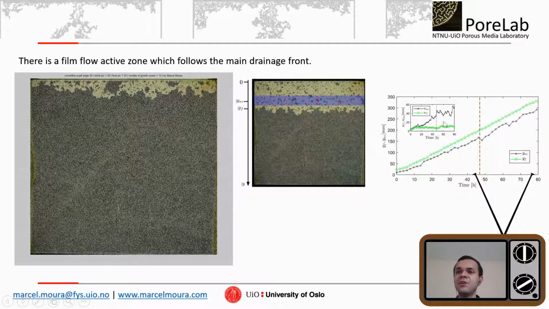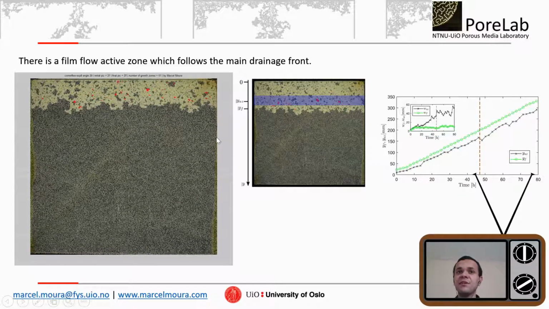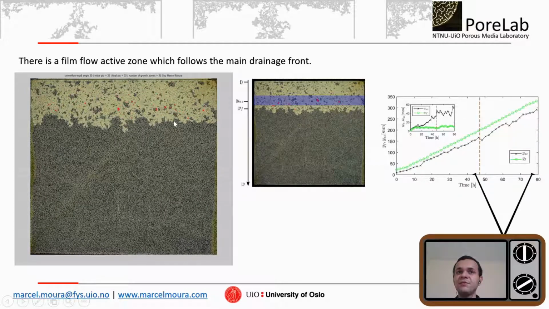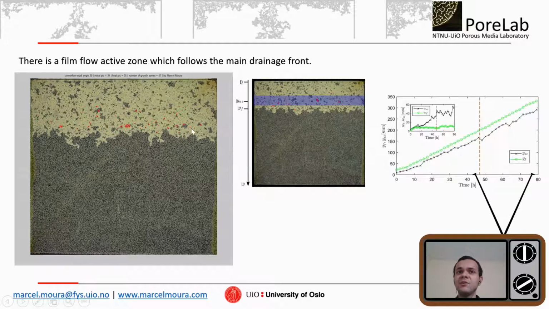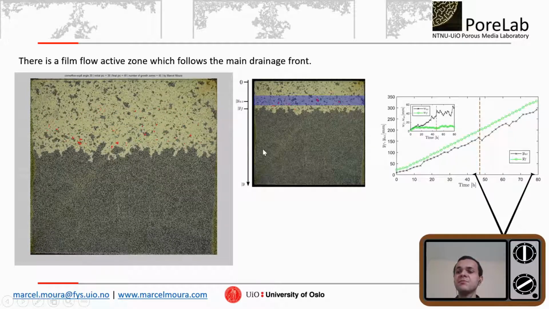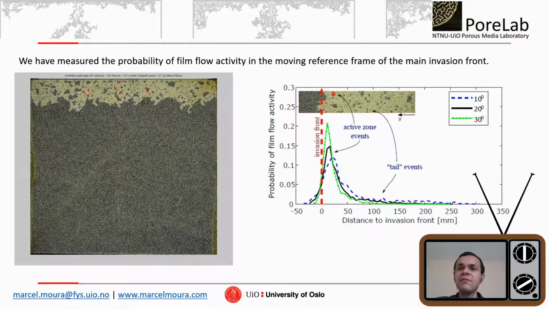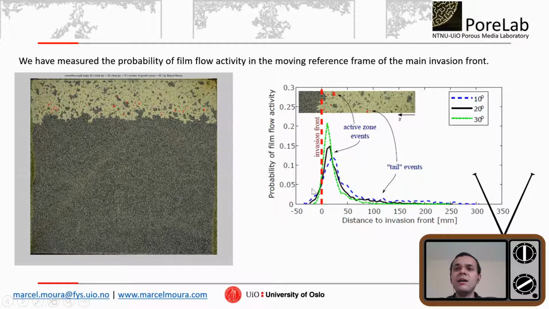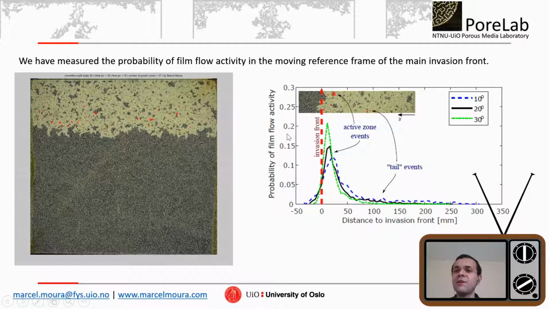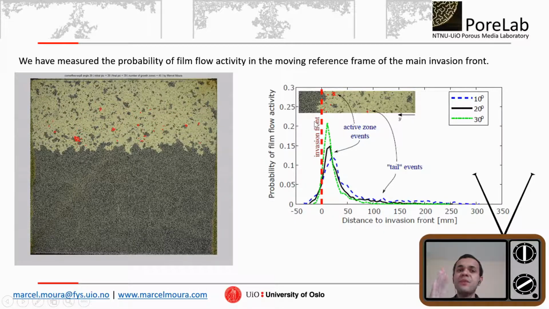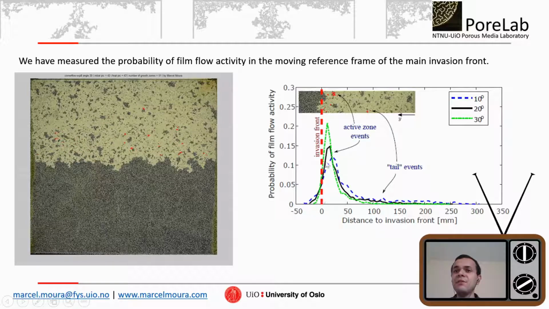This subplot here is the widths of these two zones, the width of the interface and the width of the active zone, width measured in this direction, in the vertical direction here. So we have found that we can measure the probability of film flow activity in the reference frame moving with the front, and we found it to be like this.